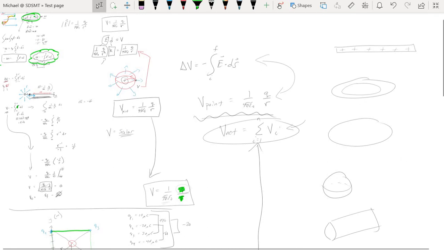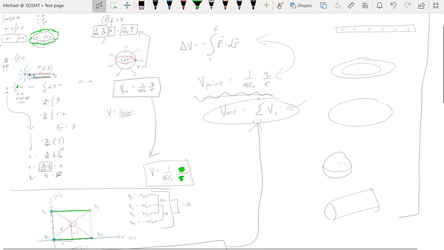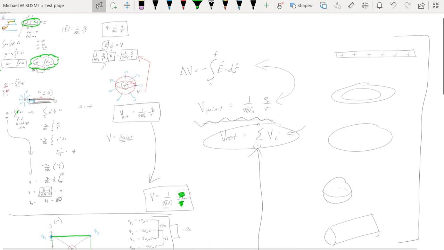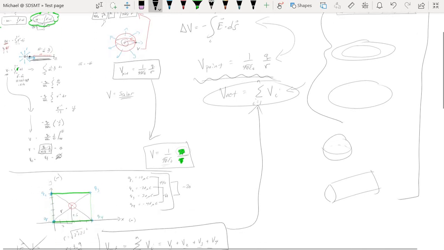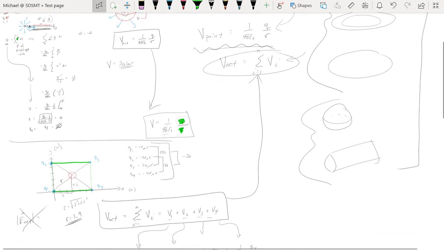And so all of these examples are things that we're going to look at in the next 2 videos. So I think we can probably get through these 3 examples in part 3, and then we'll do the spheres and the cylinders in part 4.